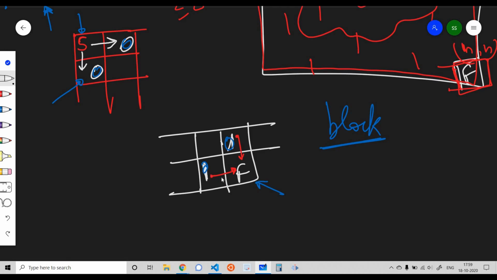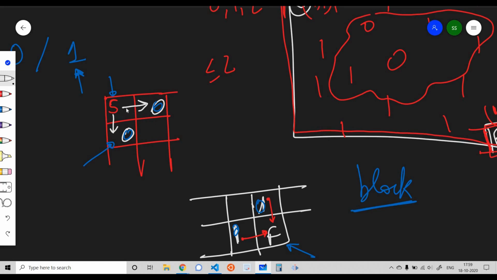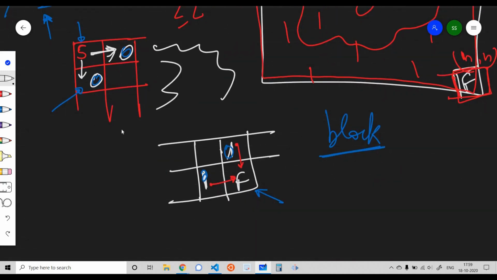If Roger chooses the number 0 initially, then yes, he can move to this adjacent cell, and he might be able to move in other parts of the grid as well, but he would not be able to reach the final cell, as the cells adjacent to the final cell are containing 1. So in this way we have blocked the final state.